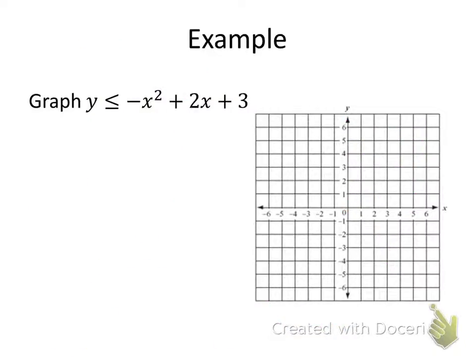When we get this into vertex form, we're going to have to take a negative out of the first two terms and leave that amount of 3 outside. This is really hard.